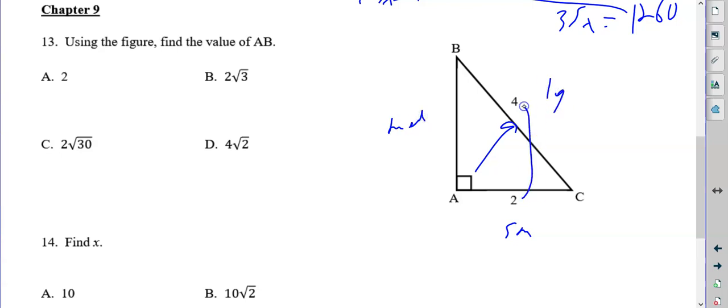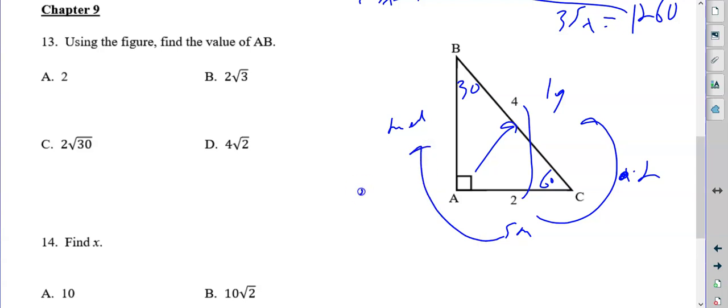And this is half of that, which means we have a 30, 60, 90. So from the smallest one to the hypotenuse, we multiply by 2. And going from the small to the medium, getting bigger, we multiply by radical 3. So that leads us to our answer of 2 radical 3.